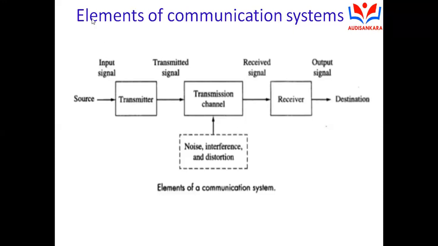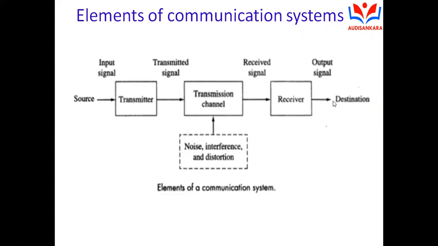So see here, this is the block diagram of the communication system. Basically, the elements of the communication system are information, message, and signal.